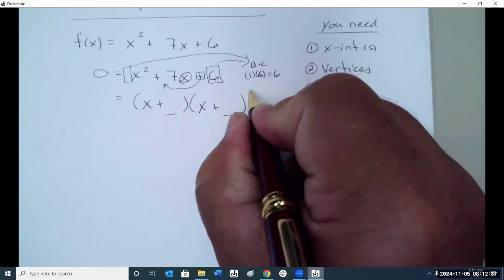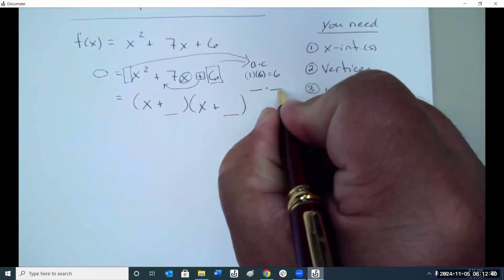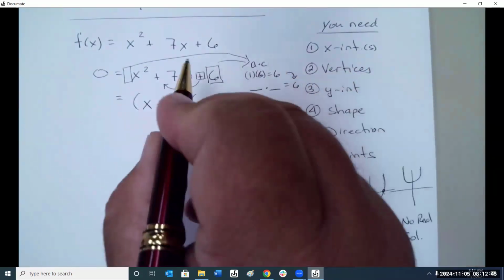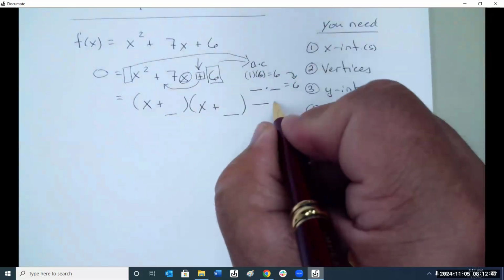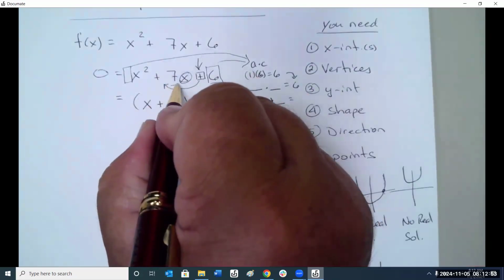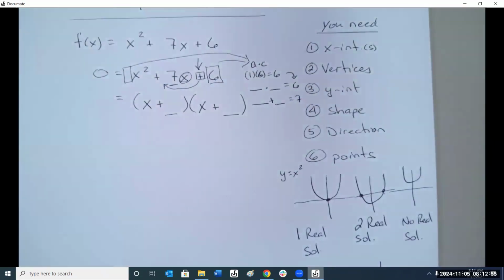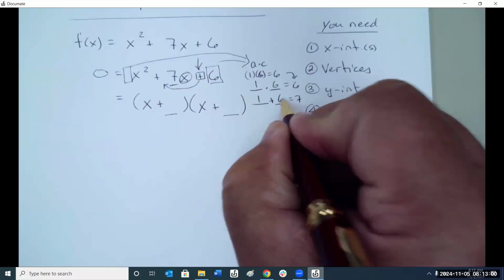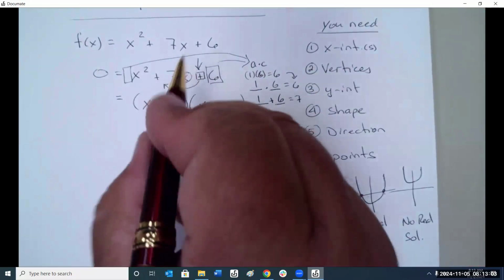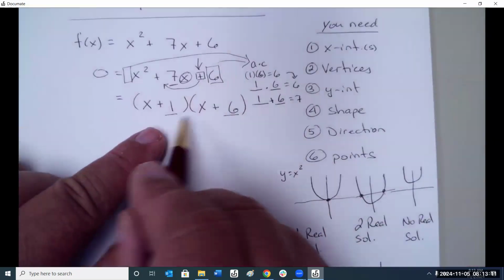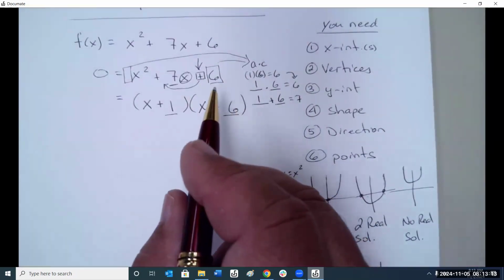From here, we have to find two numbers that multiply to equal 6, and that when we add them, we equal the middle number, right? In this case, 1 times 6, 1 plus 6. And since they're both the same signs, it doesn't matter where I put them. So these are my factors. Now what do I do?